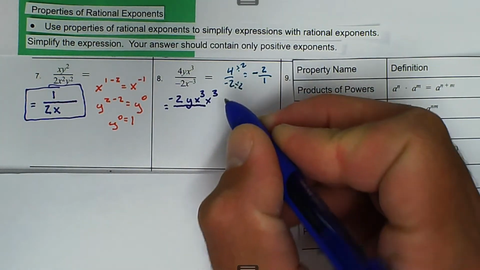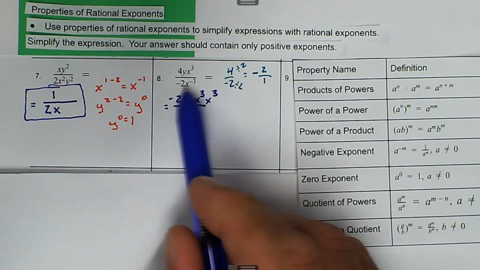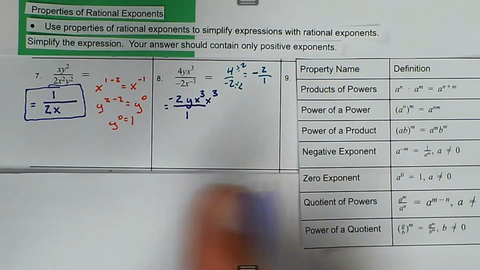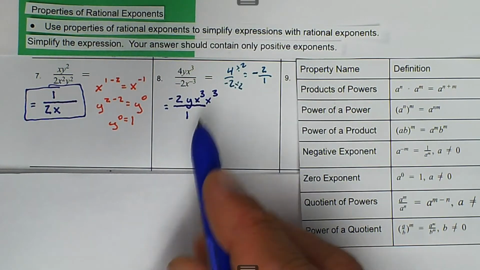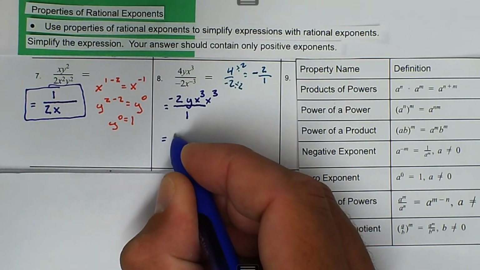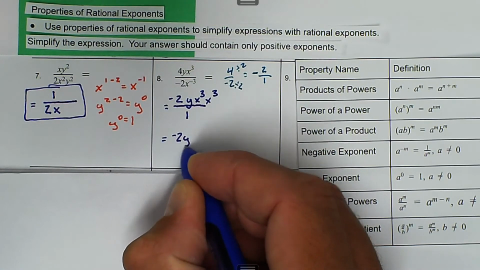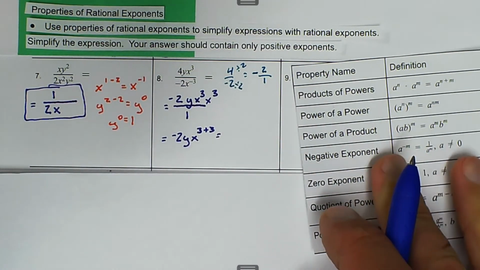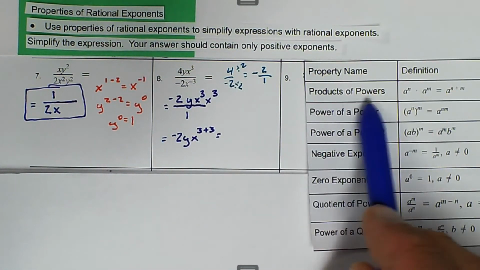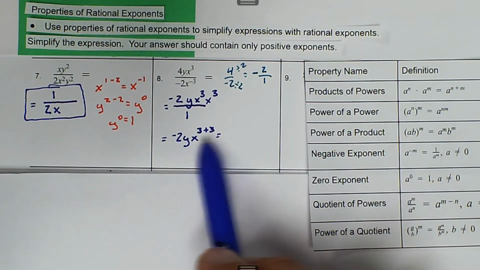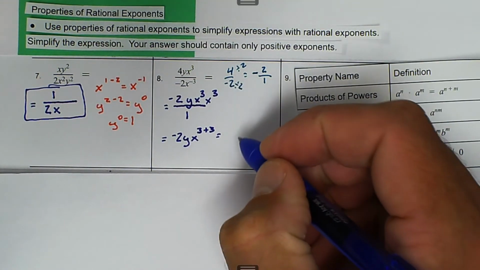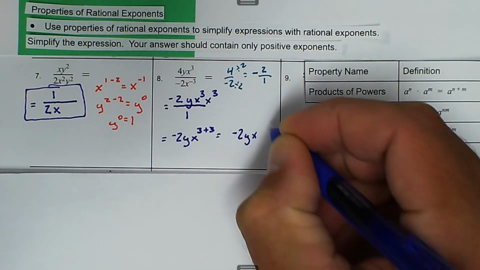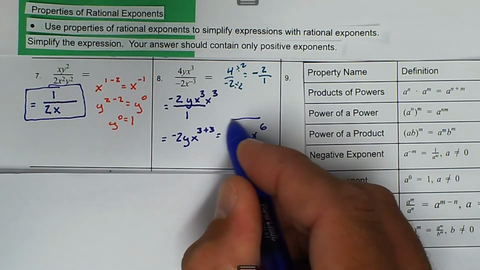So it becomes x to the third, and then we have the 1 in the denominator. Anytime we have 1 in the denominator, we don't have to write it down. So we get negative 2y x to the 3 plus 3. In that case, we have the product of powers, where we have the same base multiplied together, so we can add the exponents. And then we get negative 2y x to the 6th.